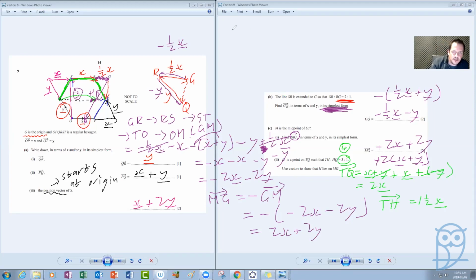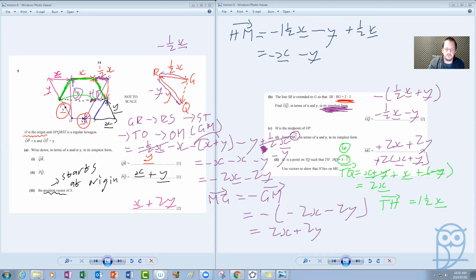So this is HM or MH. It doesn't matter which direction we go because we can change it. So HM is minus 1.5x going that way, minus y going that way, and then plus a half x going that way. So minus 1.5 plus a half gives me minus x minus y. So that's that vector going down here.